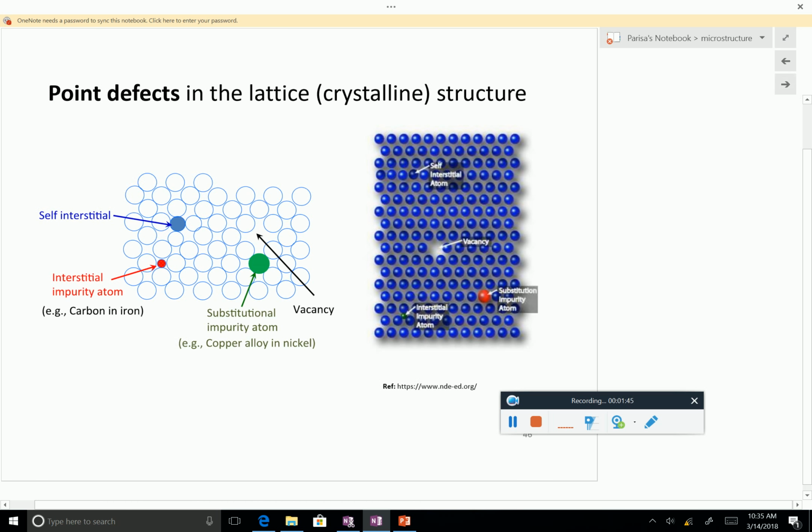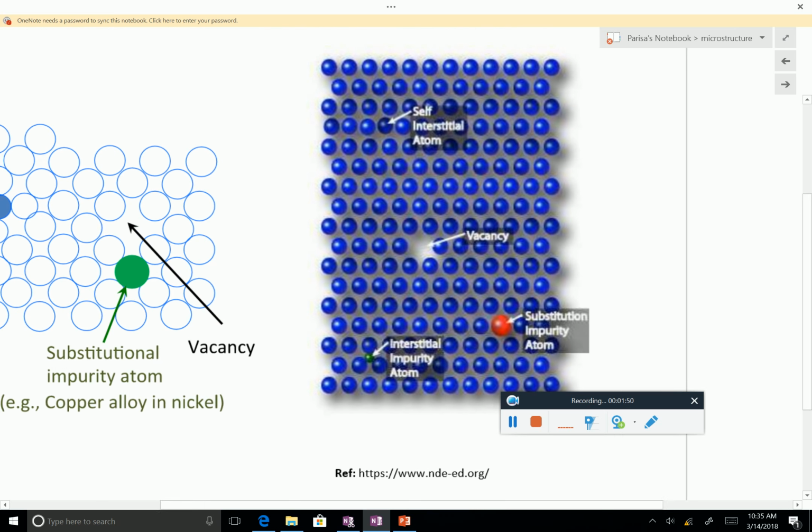So, point defects. There are different types of point defects. One is when an atom is just missing in the crystalline structure, like a vacancy. Sometimes an atom of the same type comes in between the space of the other atoms, and this is called a self-interstitial defect.